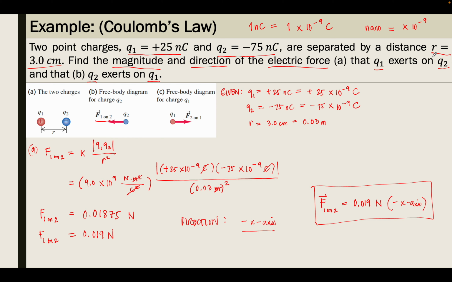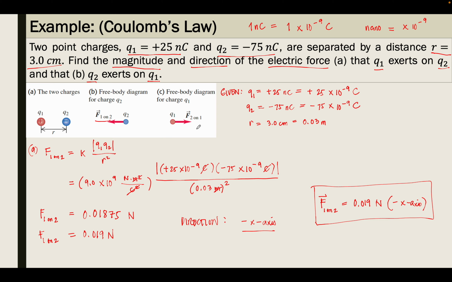Okay, so now how about for letter B? The magnitude and the direction of the electric force that Q2 exerts on Q1. As you can see here, the answer is on letter C. So this is the direction of the force that Q2 exerts on Q1, which is going to the right. Now, why to the right? Again, Q2 exerts the force on Q1. So again, it is an attraction force, meaning Q2 attracts Q1 toward itself.